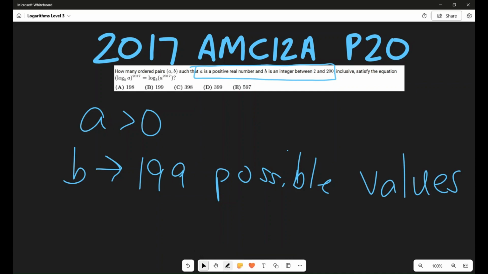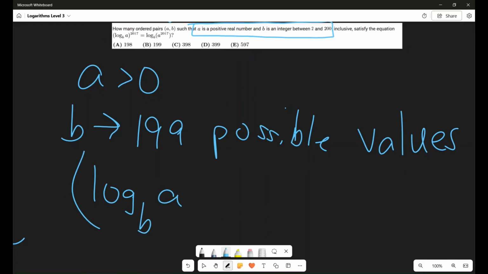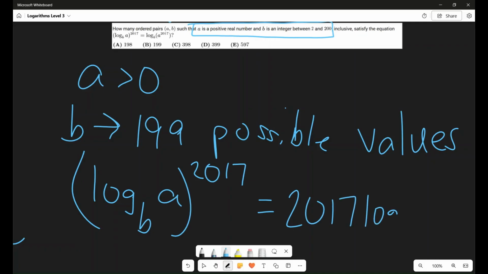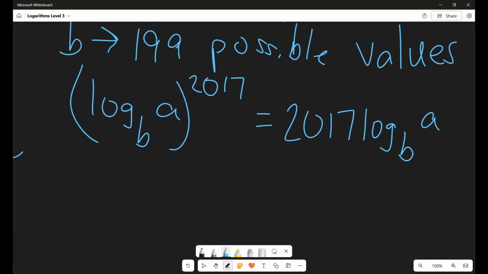Now we can focus on the equation. The left side, we can keep as is since it's not extremely obvious how we can simplify that. And on the right-hand side, we can extract the exponent and it becomes 2017 times log base b of a. Now that we have this, we can think about the possible values of log base b of a.